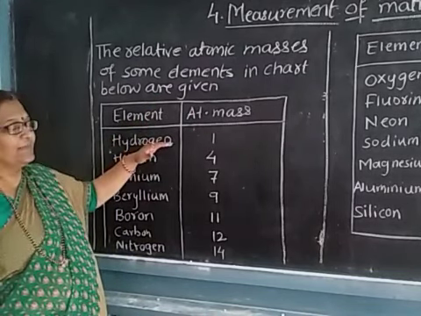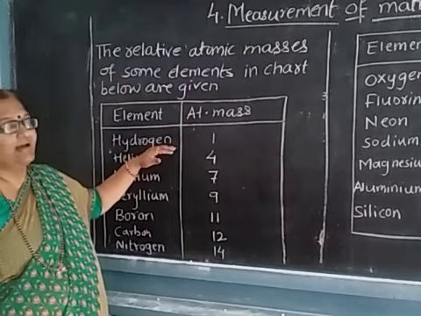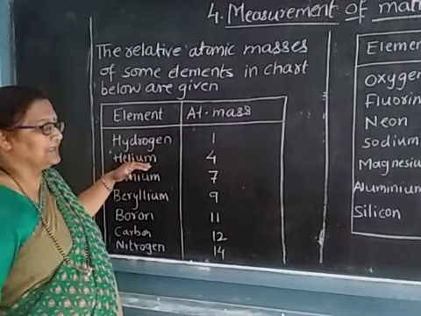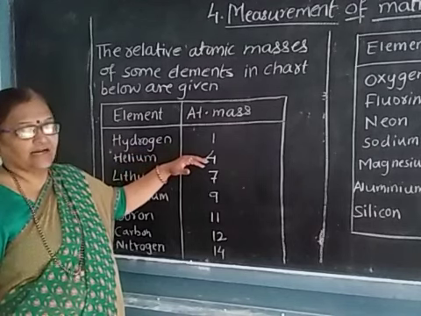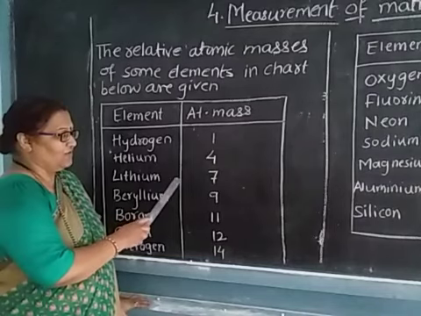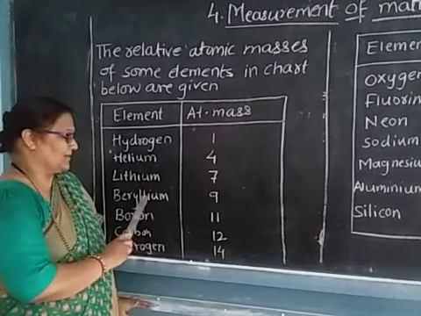Element number 1 is hydrogen, formula H, atomic mass 1. Helium, formula He, atomic mass 4. Lithium, formula Li, atomic mass 7.